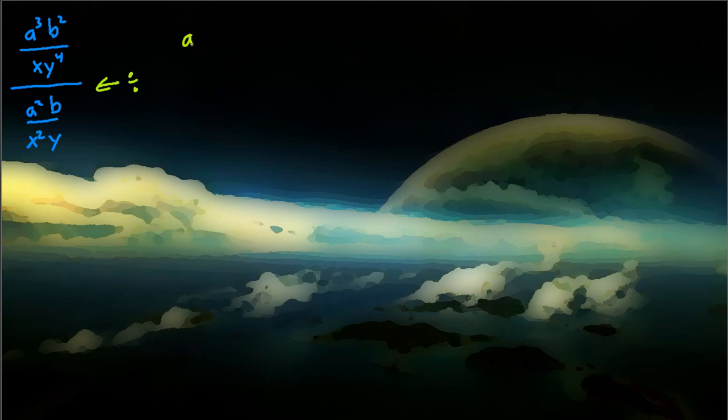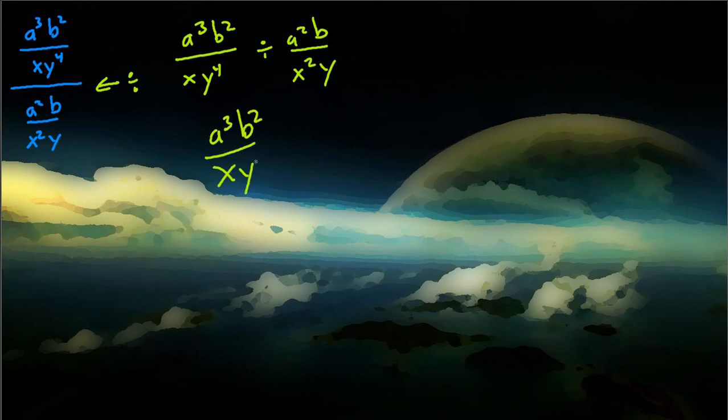So we're going to keep the first fraction, a cubed b squared, all over x y to the 4th. And we're going to divide by a squared b x squared y. Now keep and flip. So we keep this fraction the way it is, change to multiplication, flip this one around.